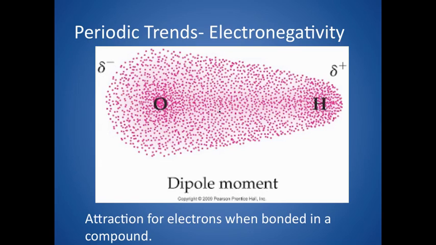These dots represent the electrons. More of the electron dots seem to be concentrated around oxygen than around hydrogen. If we were comparing these two, it's almost like a tug-of-war. It's the pull of electrons in this compound, so where do they tend to end up? Over here. So oxygen has a higher electronegativity than hydrogen.